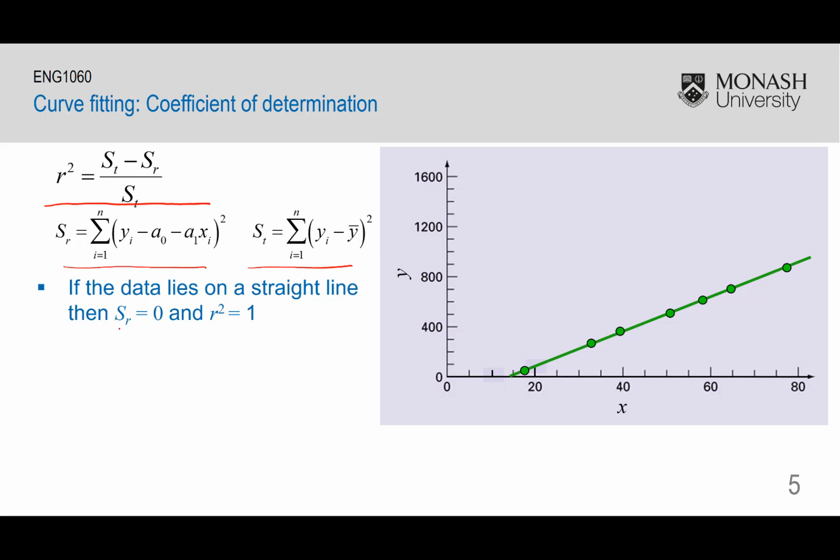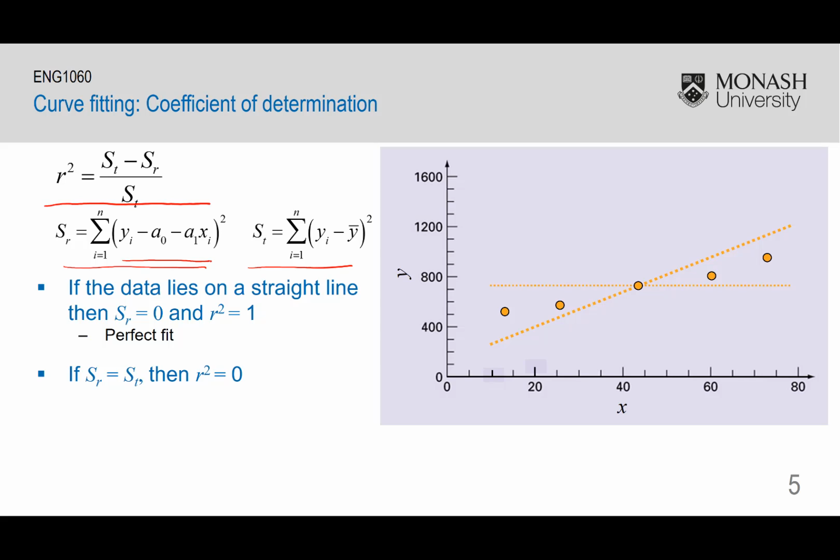That's because S_R is equal to 0. So if we look at this term here, if the data points sit on the straight line, then we know that y_i is going to be equal to a0 plus a1 x_i. So S_R is 0, r squared is 1. It's a perfect fit. So r squared equals 1 means all the data points are on the line that you're trying to fit to.